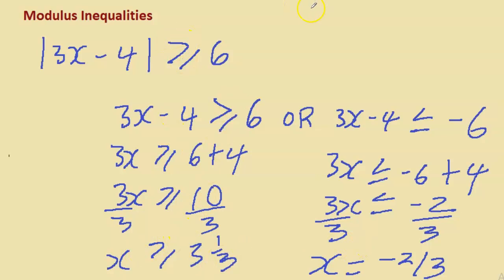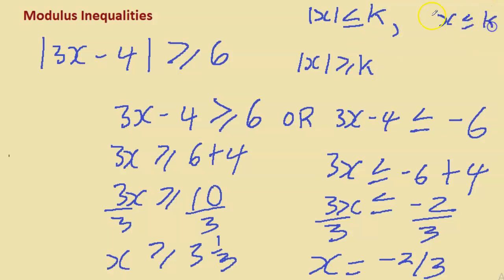So we have two cases: either when we have the modulus less than the constant, or when we have the modulus greater than, well, it could be greater than or equal to the constant. In the first case, x is between the positive and the negative value of the constant, and in this case, x is greater than or equal to the positive value of the constant, or x is less than or equal to the negative value of the constant.